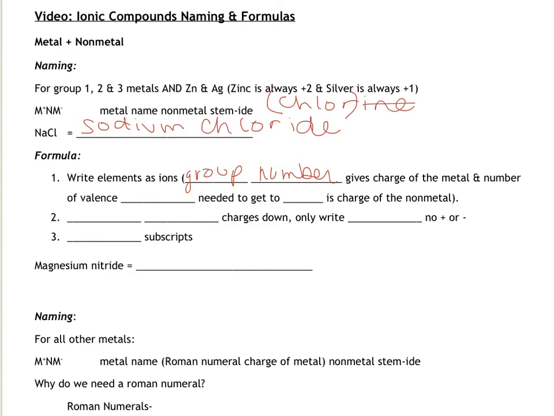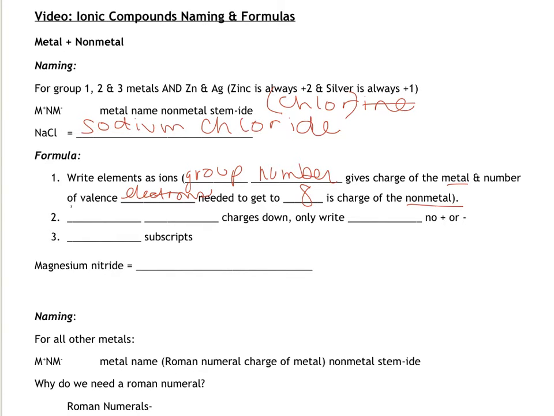For nonmetals, the number of valence electrons needed to get to 8 is the charge of the nonmetal. So my metal's charge is my group number, and my nonmetal's charge is the number needed to get to 8. If I'm in group 5, I need 3 more to get to 8, so my charge would be -3.